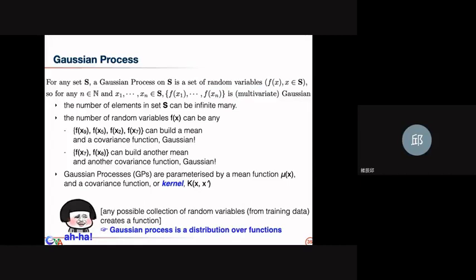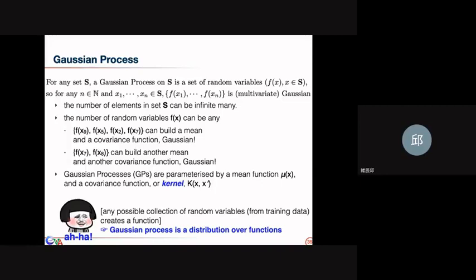Okay. So now you can see any possible collection, or we say any possible combination of random variables from training data creates a function. So the Gaussian process is a distribution of functions, right?